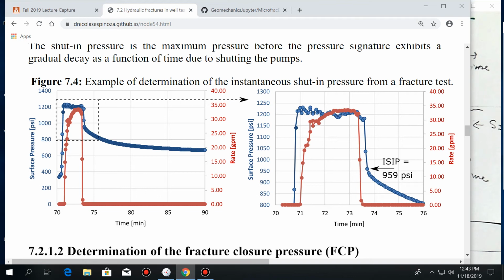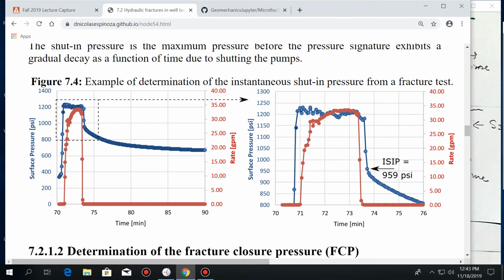So this would be the value of the fracture propagation pressure, because pressure is not increasing. As soon as you shut in the wellbore, the first value after the rate is 0 will be the instantaneous shut-in pressure, which in this case is about 960 psi.